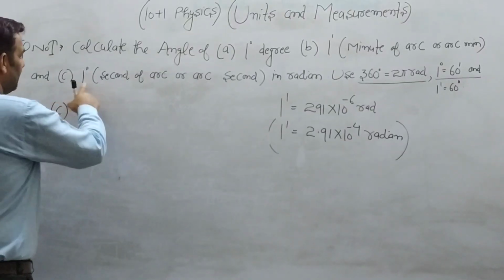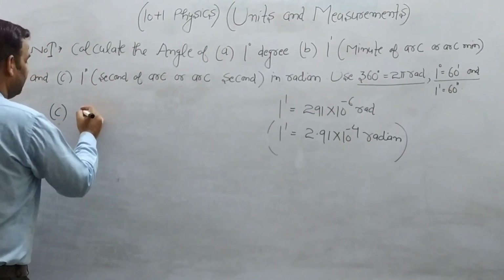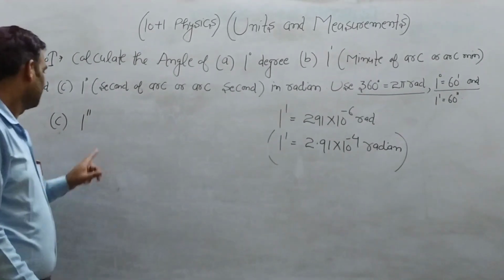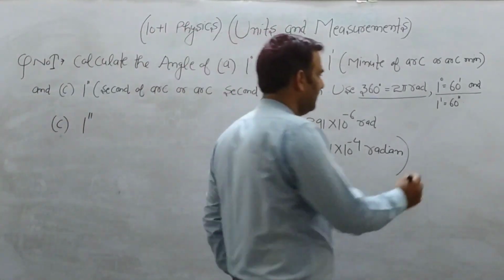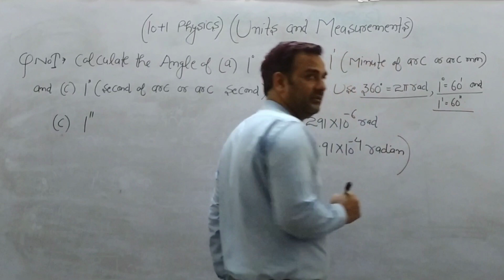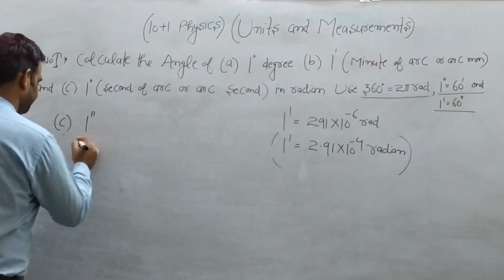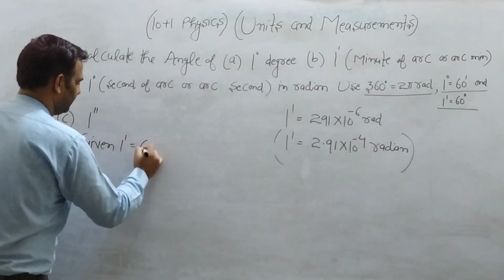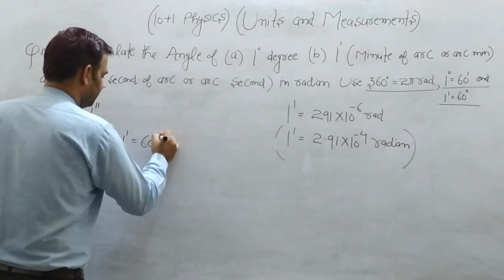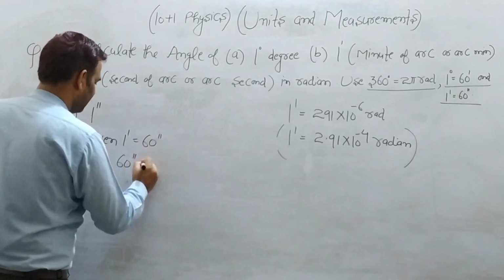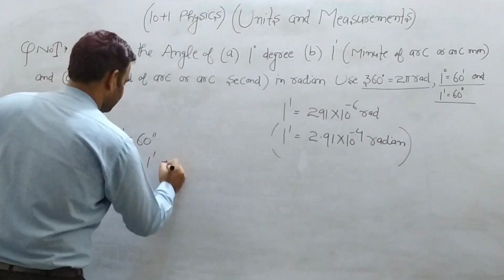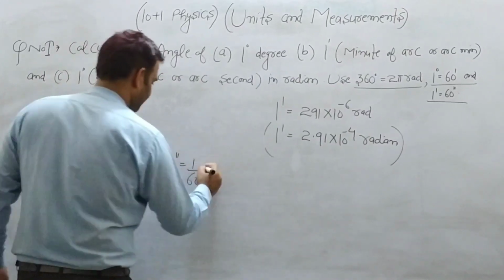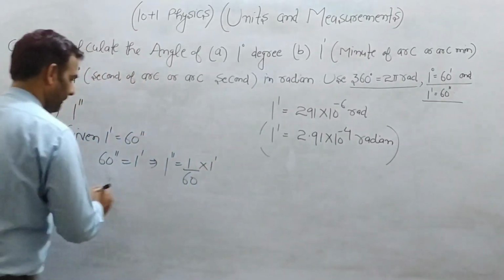See, this is 1 second. Now we have given here 1 minute equal to 60 seconds. 1 minute is equal to 60 seconds. 60 seconds is equal to 1 minute. This implies 1 second is equal to 1 upon 60 into 1 minute.